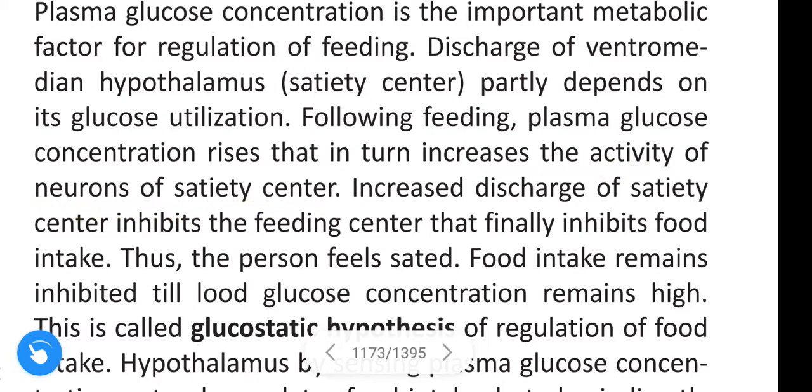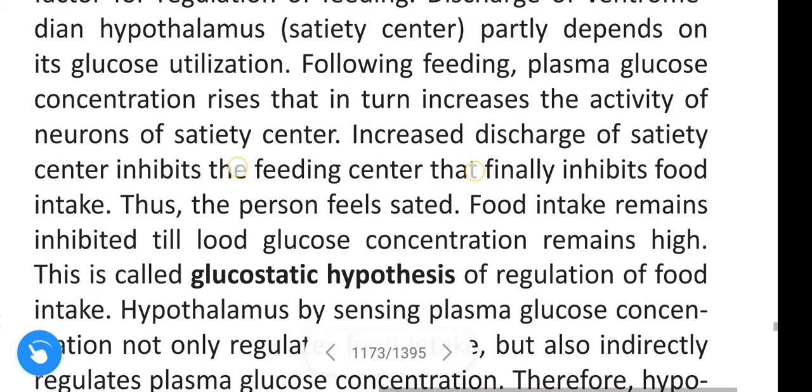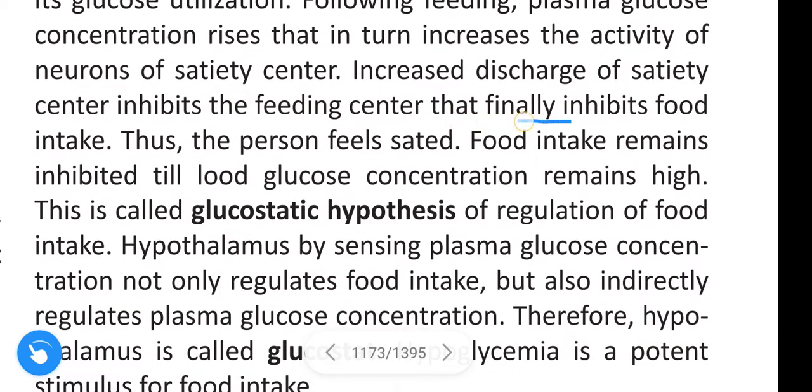Increased discharge of the satiety center inhibits the feeding center, that finally inhibits food intake. Thus the person feels sated.